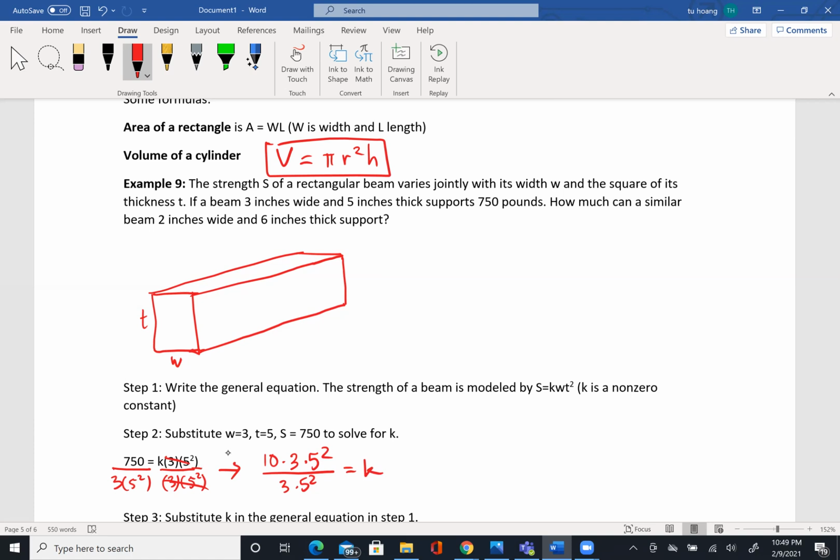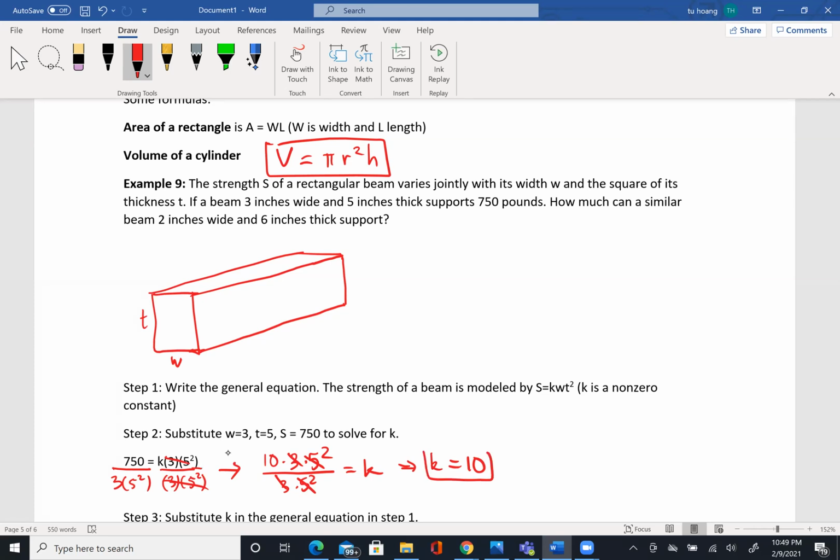So I can cancel the 3 and 5 squared, and now I have K equal to 10.